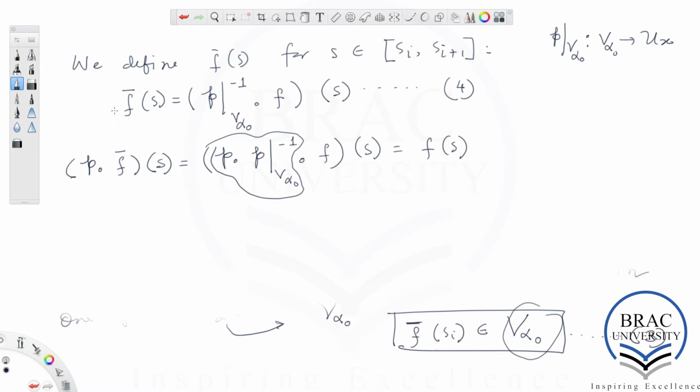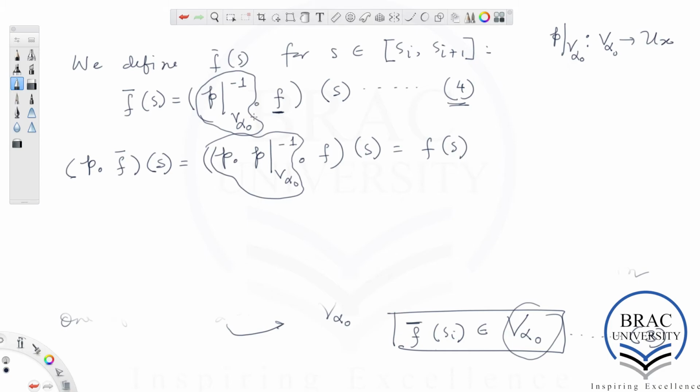Now this F bar defined in 4 is easily seen to be continuous, because this is a homeomorphism and this is a continuous map, and the composition of two continuous maps is a continuous map. So F bar is continuous.